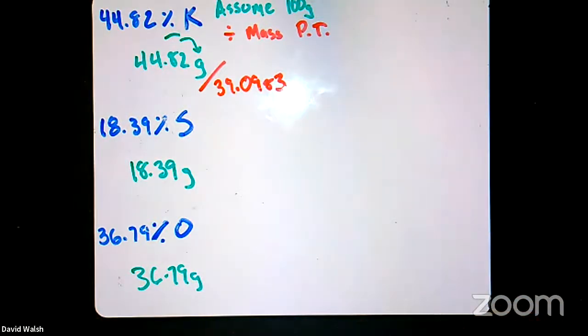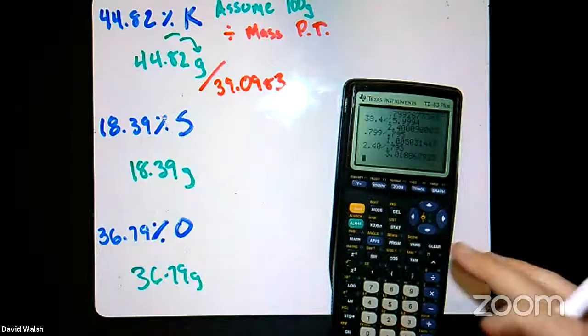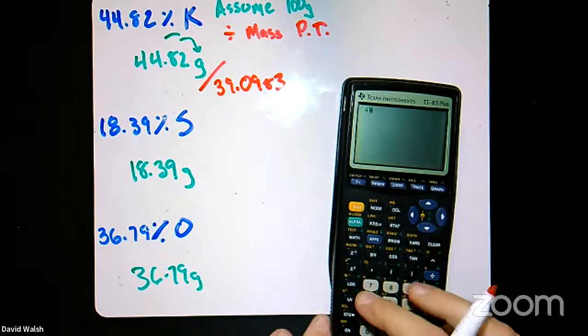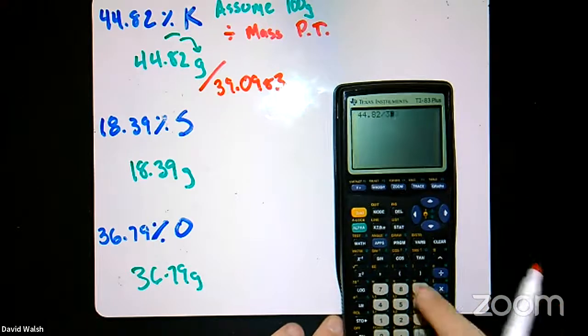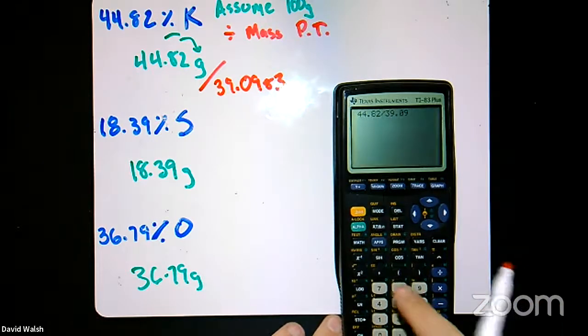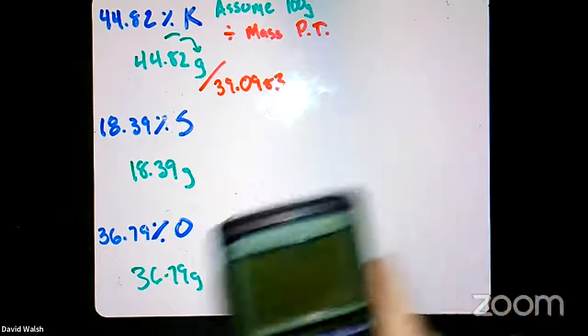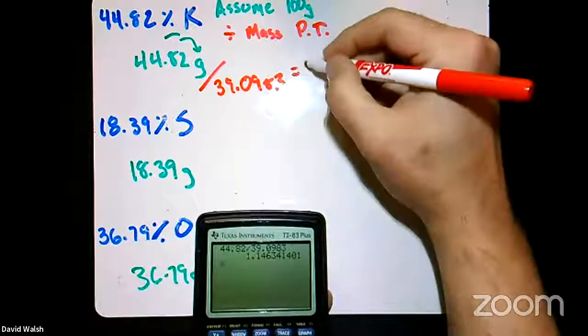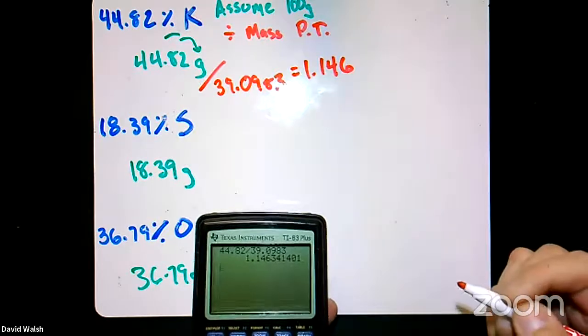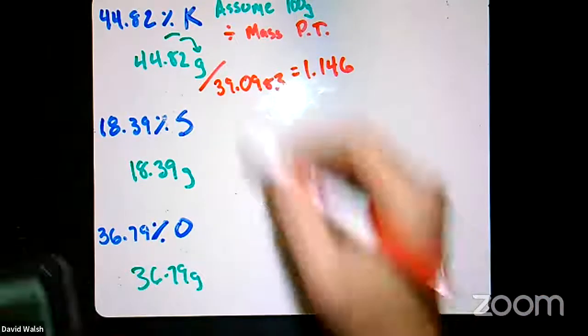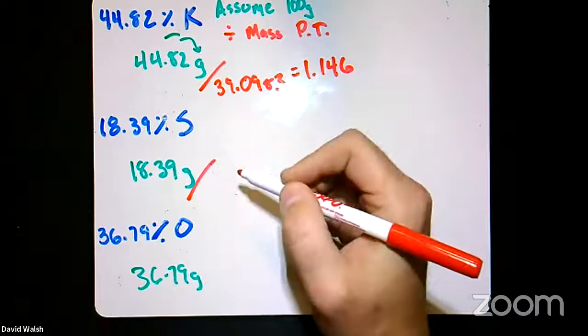So 44.82 divided by 39.0983, and when we do that, we get 1.146.